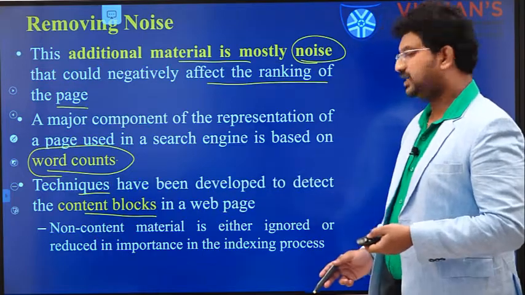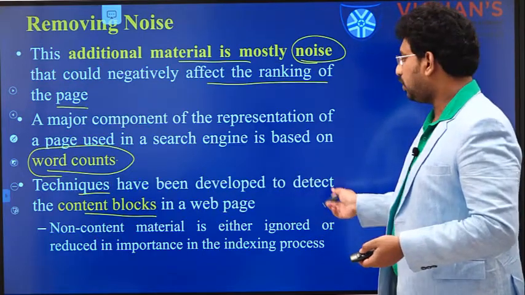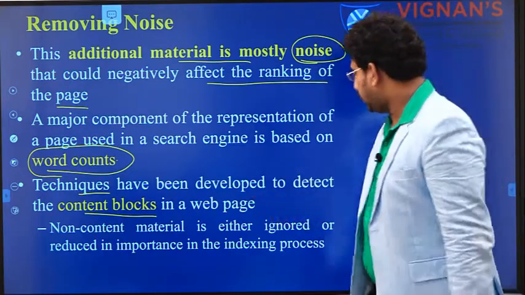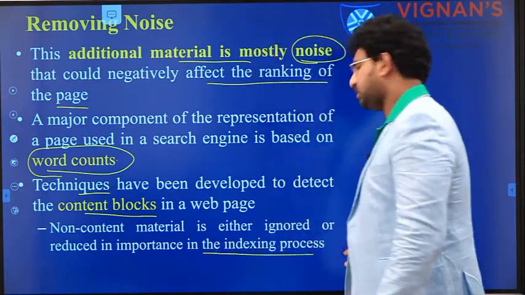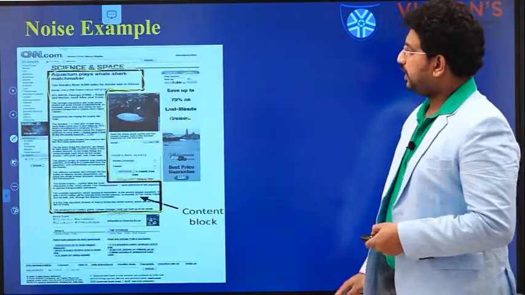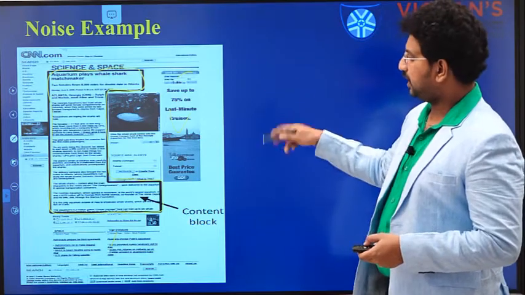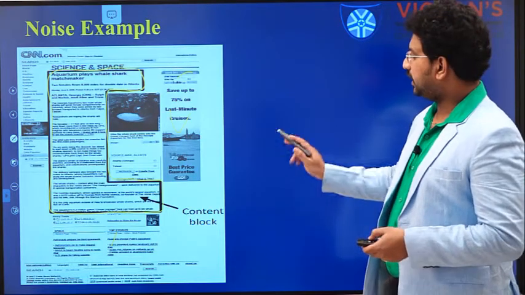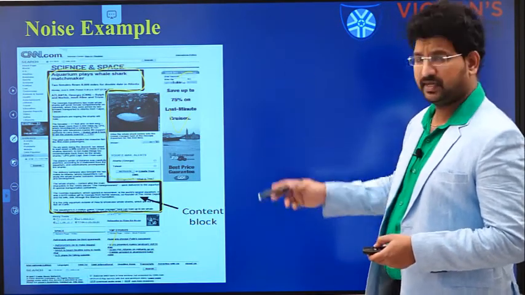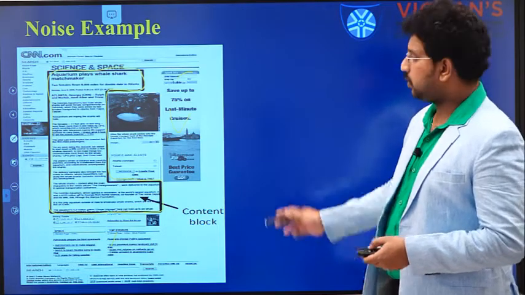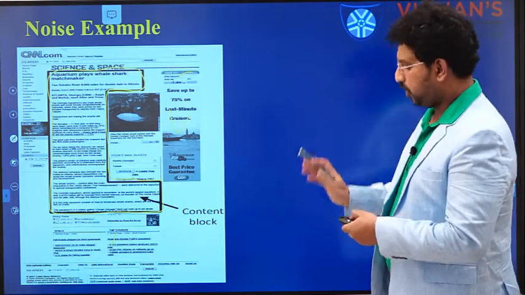But the non-content material is either ignored or reduced in importance in the indexing process. As this diagram depicts, the content blocks are separate, and the remaining advertisements, banners and so on are what we call noise.